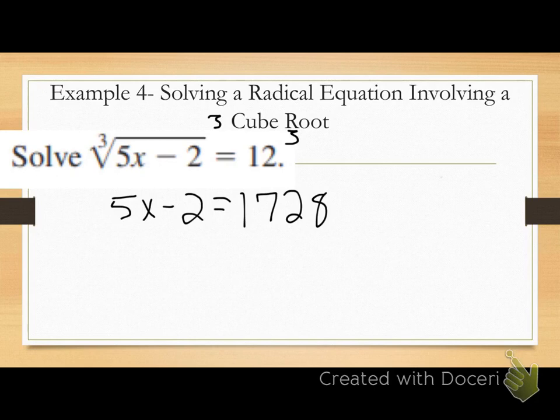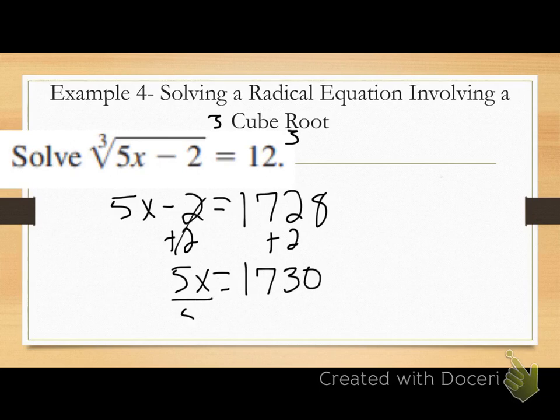What's my first step to get x by itself? Add 2. What's 1728 plus 2? 1730. Last step, divide by 5. 1730 divided by 5 gives me 346.